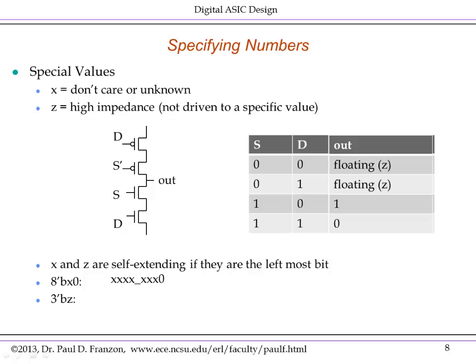And with the 3'bz, we're only specifying 1 bit Z, but that will be Z extended. And I'm just illustrating here one way to write numbers so they're more readable, and that is by putting underscores typically between the nibbles or 4-bit groupings, and this is used very commonly to make the numbers more readable.